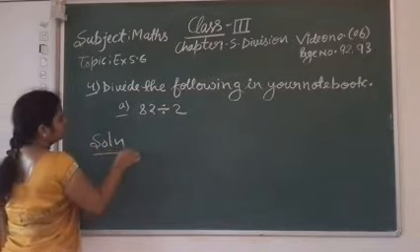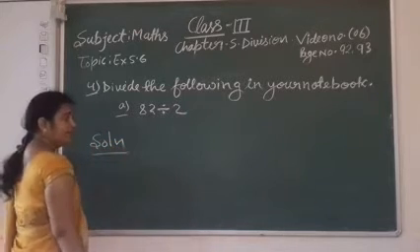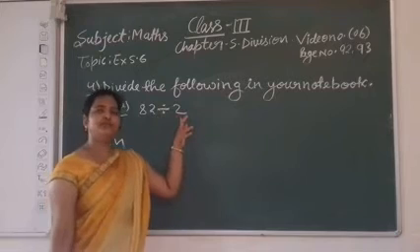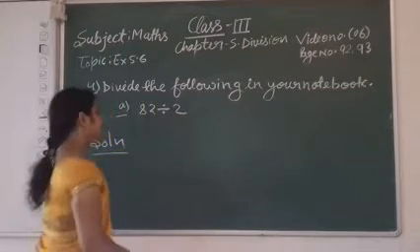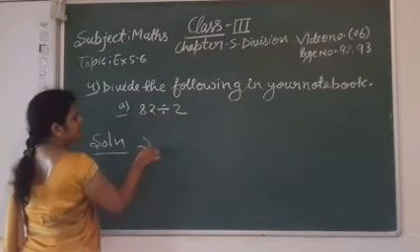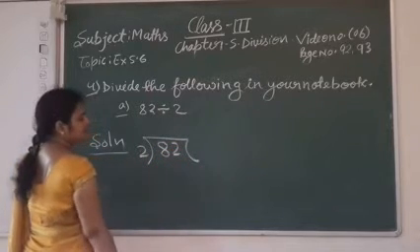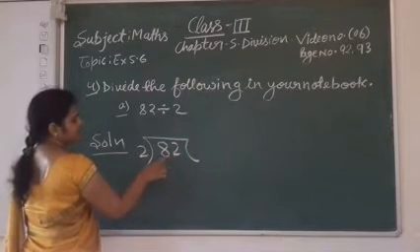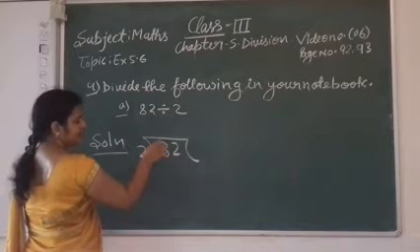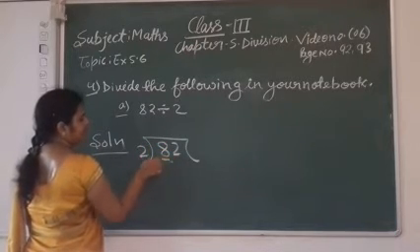How to divide? So you know that 82 is divided by 2. So 2 is divisor and 82 is dividend. You know ones, tens. So first we divide 8 by 2.